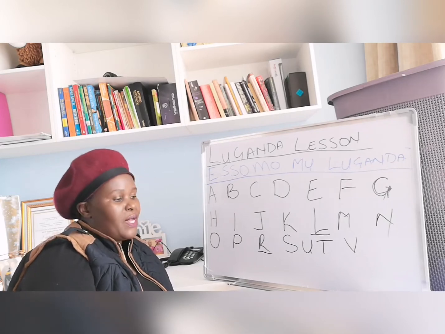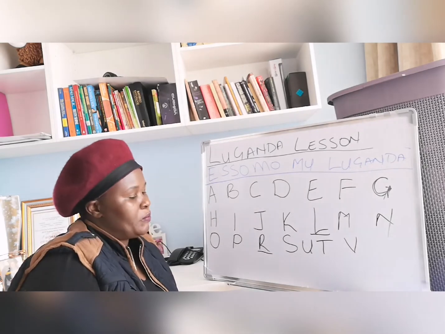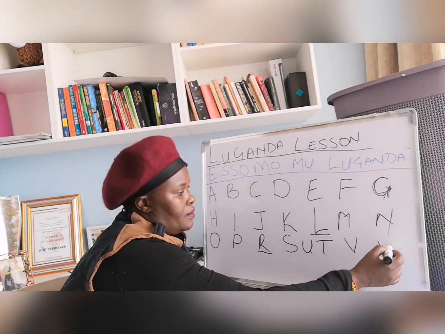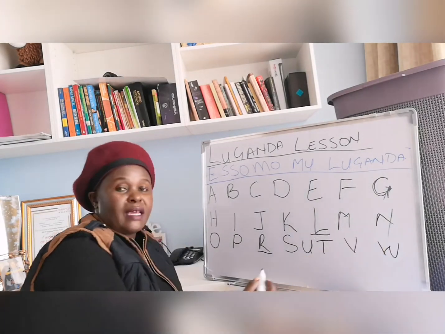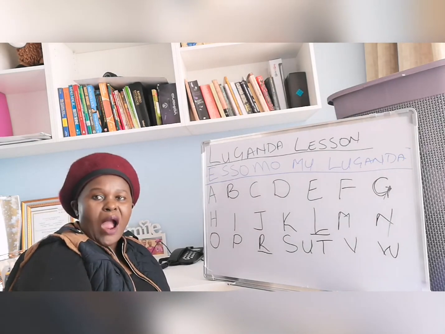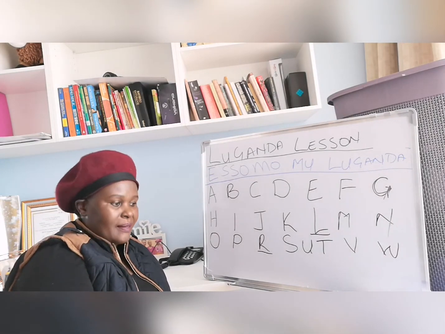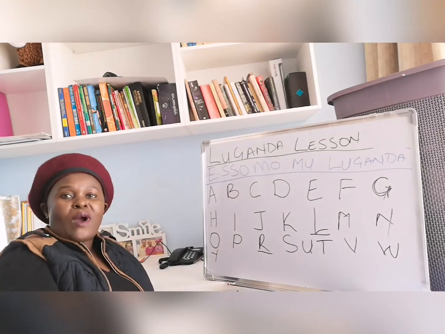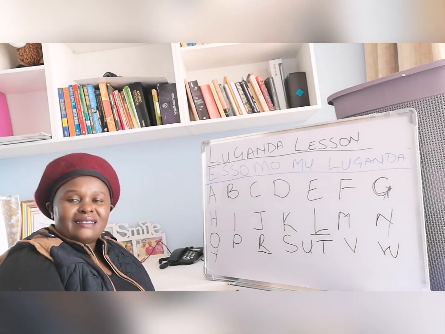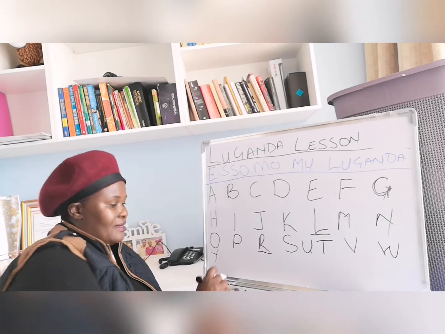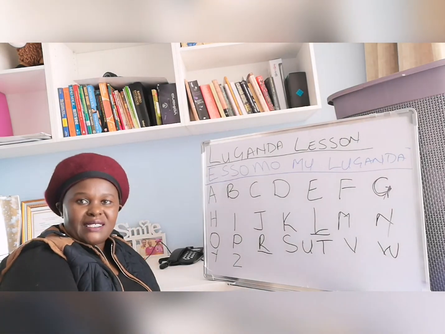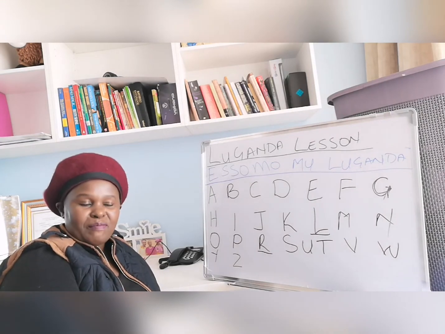Wu in Luganda is Wu. W is Wa. Y is Ya. Z is Za.